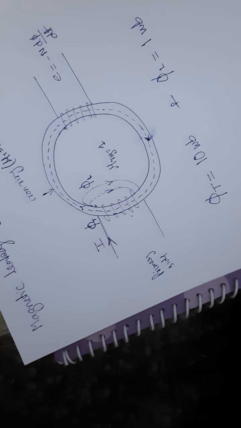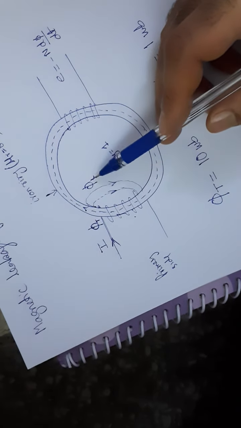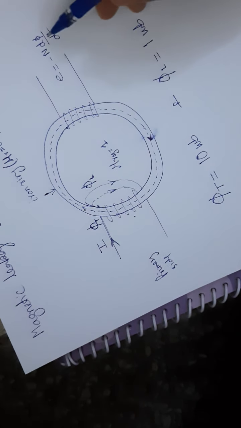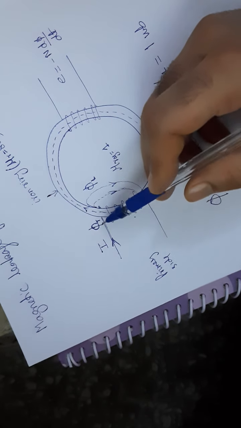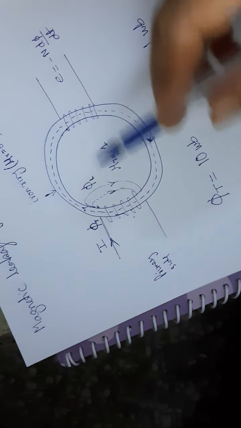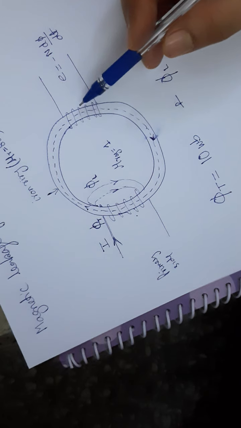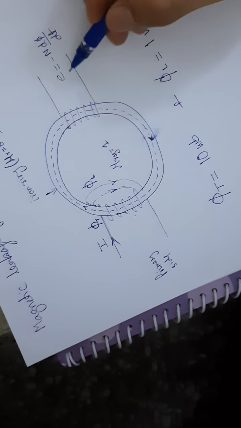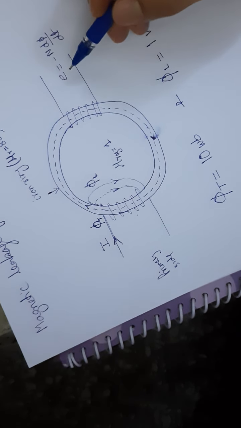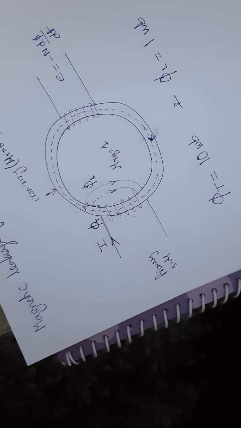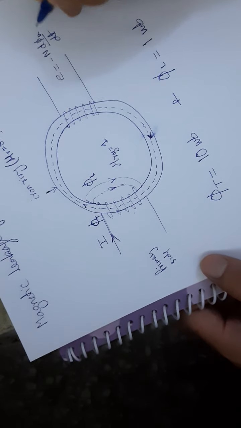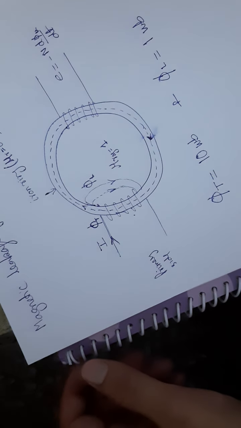Because of this leakage flux, the net flux available on the secondary side will be less than phi t. If the flux available on the secondary side reduces, the generated EMF on the secondary side will also reduce, because E is nothing but N d phi by dt. This phi is called useful flux, phi u.